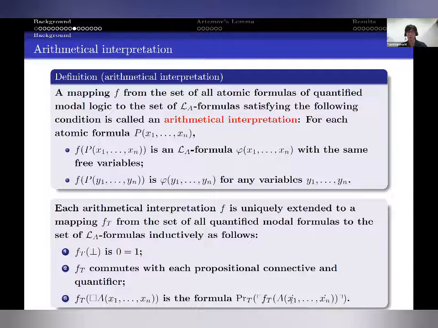Here, x1 dot to xn dot means that x1 to xn are free variables of this formula. This can be realized by using a primitive recursive term, which corresponds to a primitive recursive function calculating the numeral of this formula.